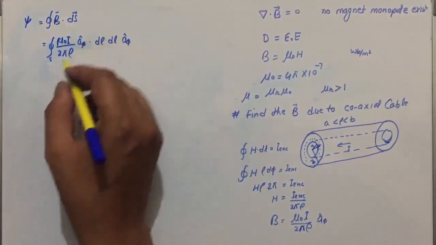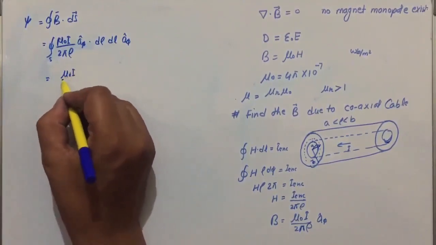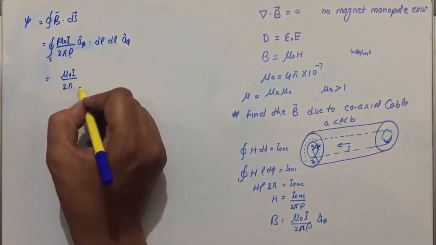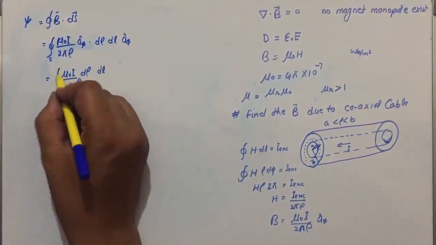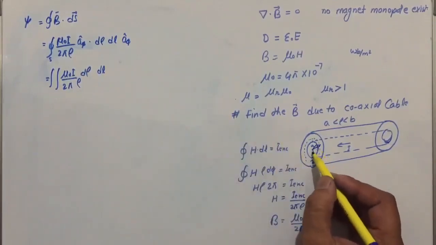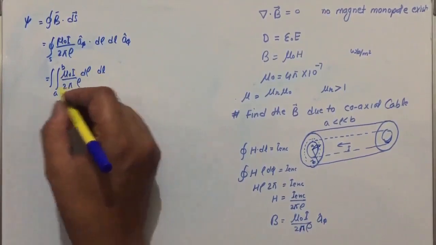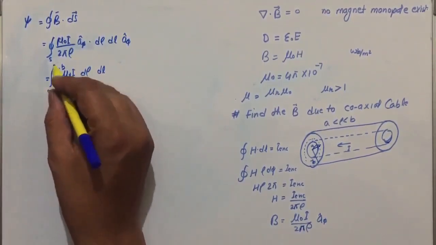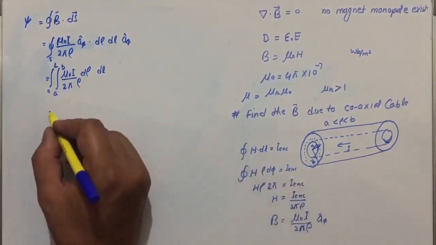So this a phi gives the same direction: mu naught I divided by 2 pi rho, d rho and dl, where rho is varying from A to B and dl is varying from 0 to the full length.